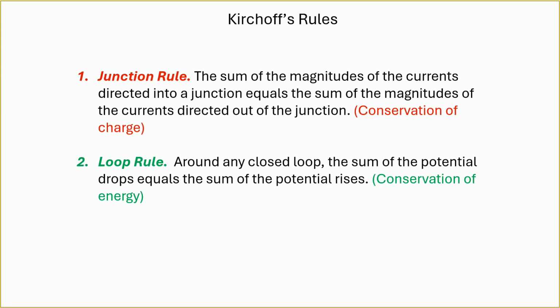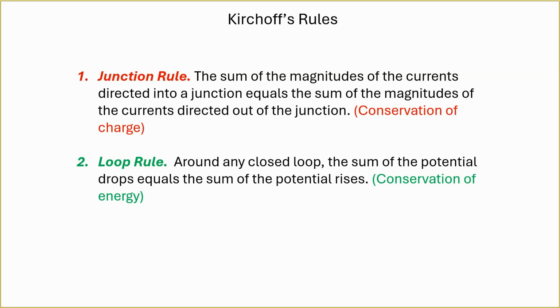The loop rule is also commonly known as Kirchhoff's voltage law, or KVL, and this is concerning the conservation of energy. If you go around a circuit, you meet a battery. A battery supplies potential energy per unit charge, or the electric potential, or the EMF.